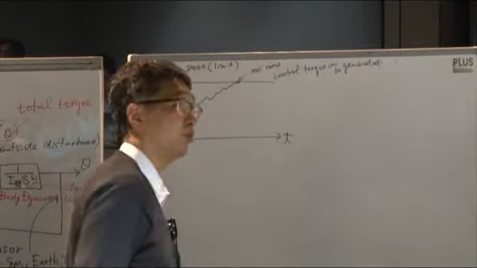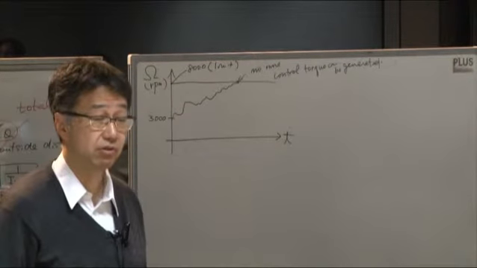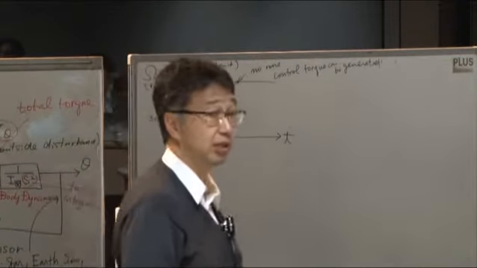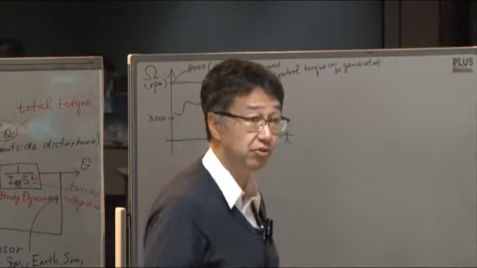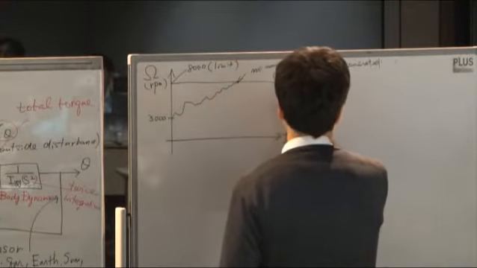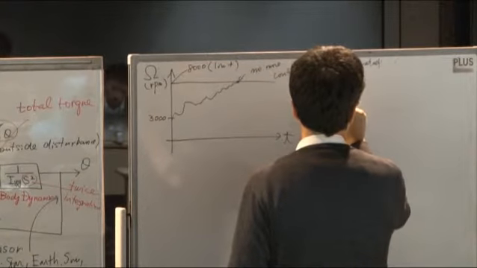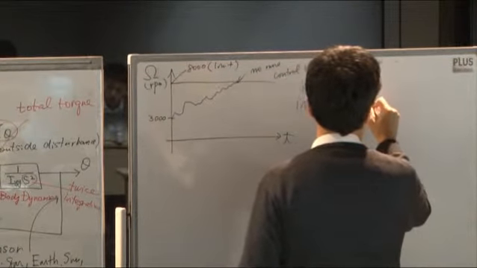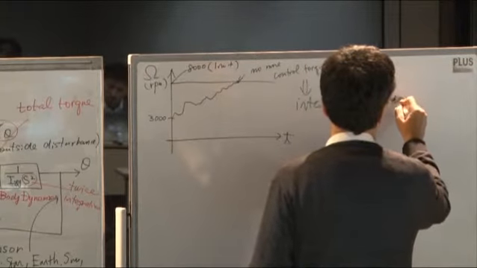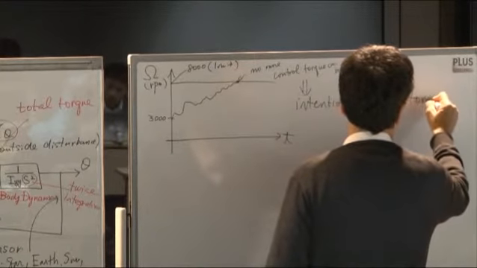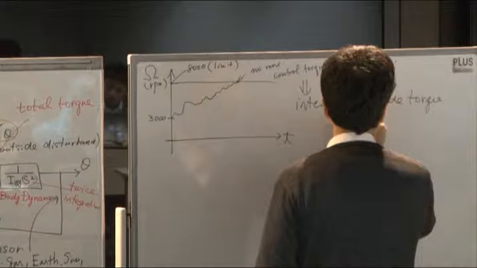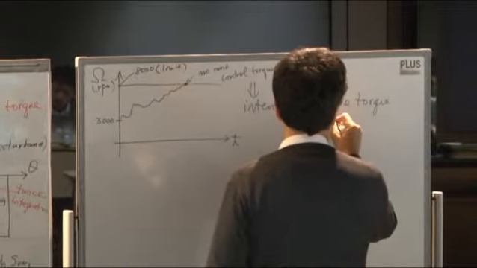So when the wheel speed comes to this limitation, then you should add some intentional outside torque. Torque should be added.